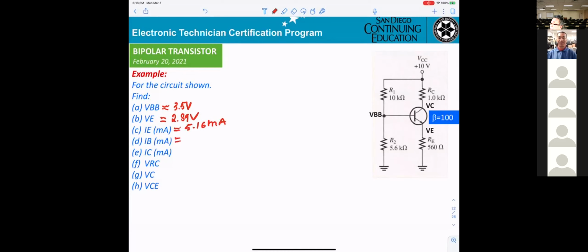IB, okay, 5.16 divided by 101, I think so.